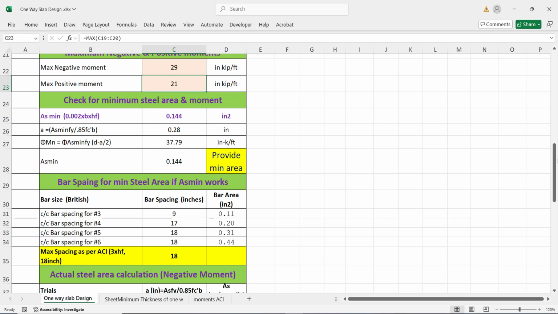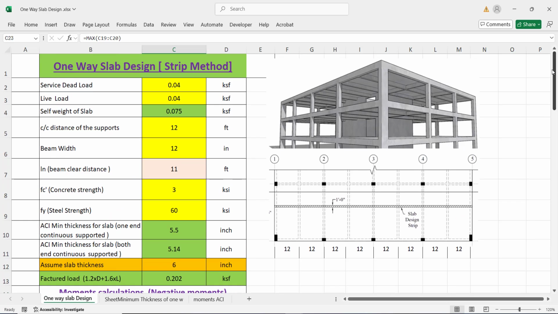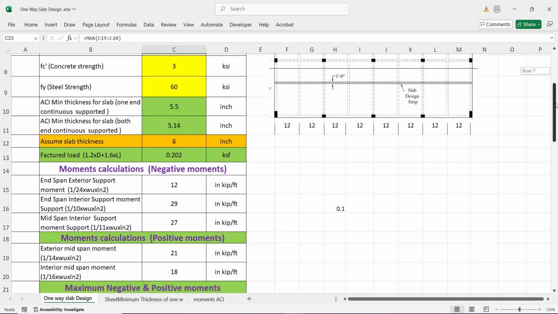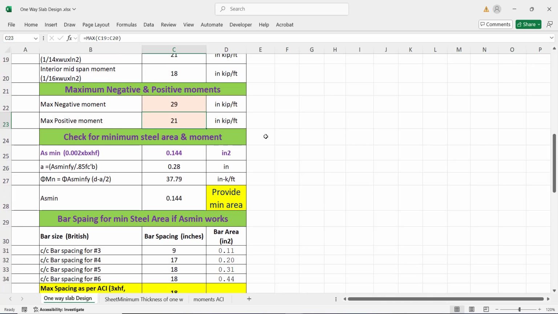Like we take this strip, we take this 1 foot strip. Okay, and the depth is actually the slab depth. So this is 0.002 b into h.